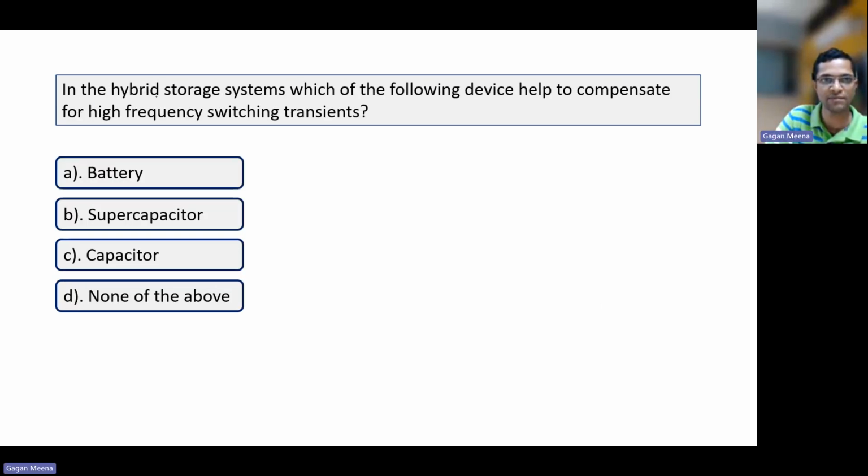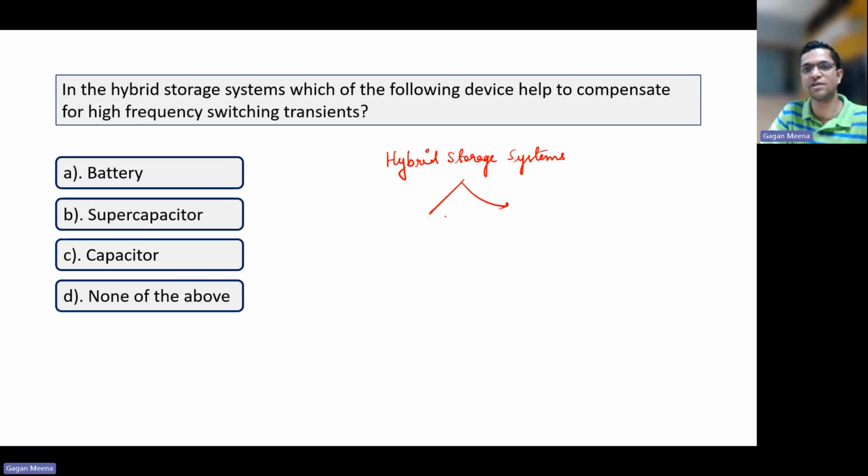Next, in the hybrid storage system, which of the following devices helps to compensate for higher frequency switching transients? Let us again revisit this point. We have hybrid energy storage systems. Hybrid means we are using two types of energy storage systems here, exploiting two different properties of these two.